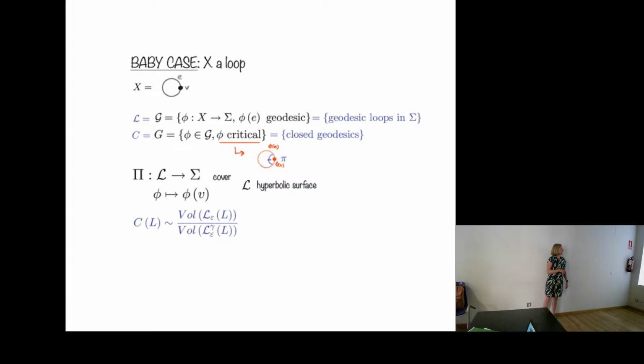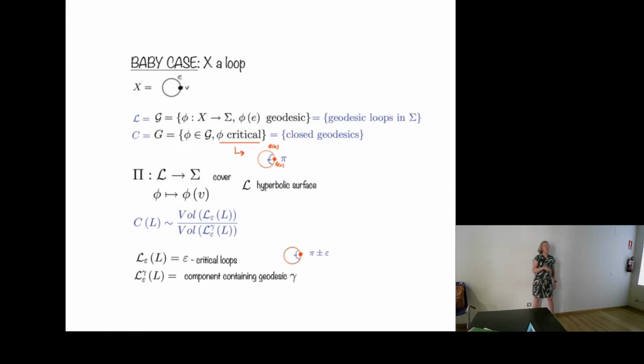What we were saying is that G has become C, that the number of closed geodesics with length at most L is the ratio of two volumes: the volume of the set of all epsilon critical ones, so when instead of pi there's an epsilon error, divided by the volume of the connected component containing a critical one, namely a geodesic. So I need to compute these two and take the ratio, and hopefully we get e^L over L, because that's what Huber proved, or it should be.